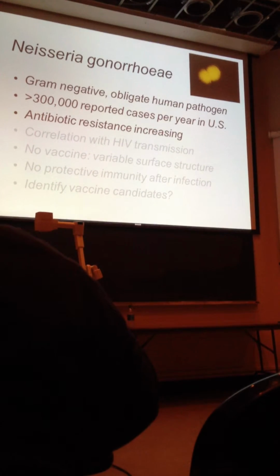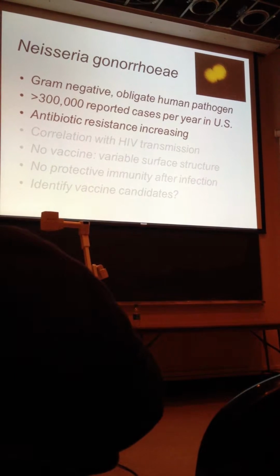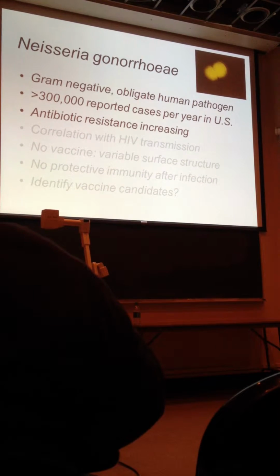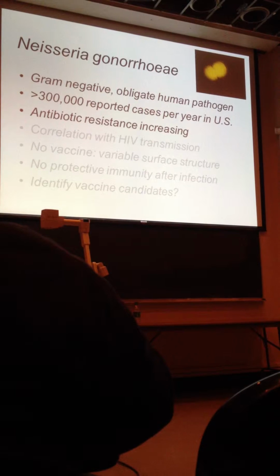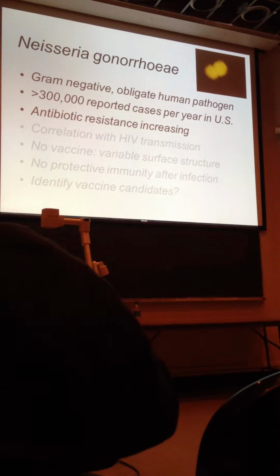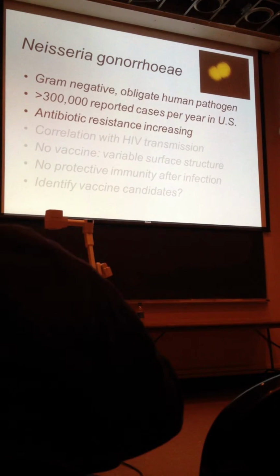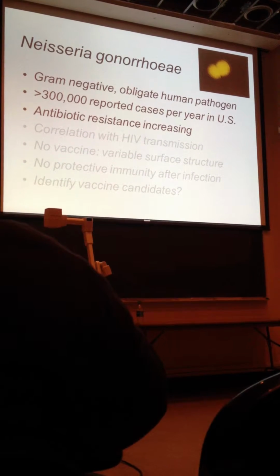It's a reportable disease, and there are more than 300,000 cases reported in the United States every year. It's been estimated to be the most common bacterial infection in the world. These are reported cases. The real number of cases is probably at least twice that. And antibiotic resistance is a huge problem with the gonococcus.